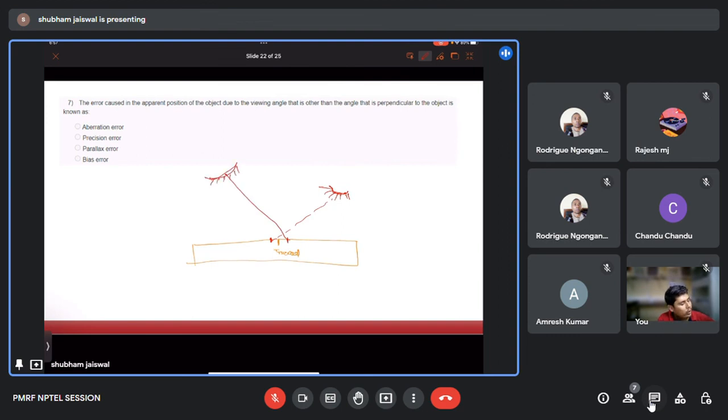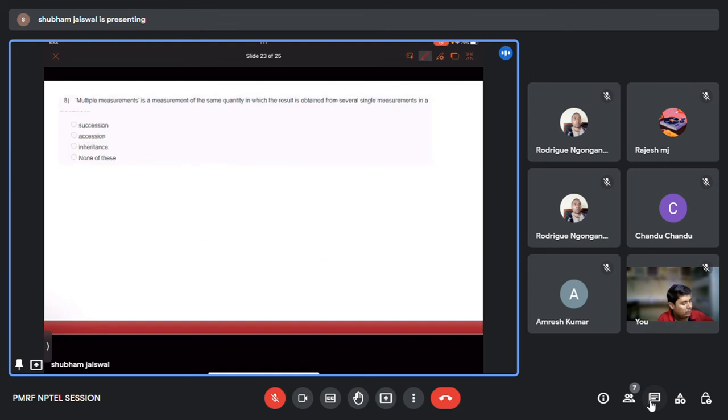The only true value I can see is when I am perpendicular to it. So this observational error coming due to the viewing angle is known as the parallax error. So moving to our next question.